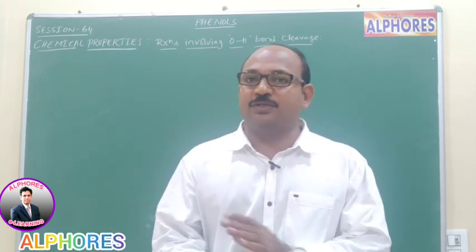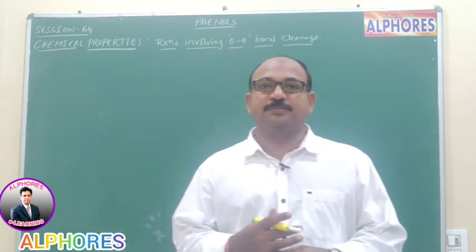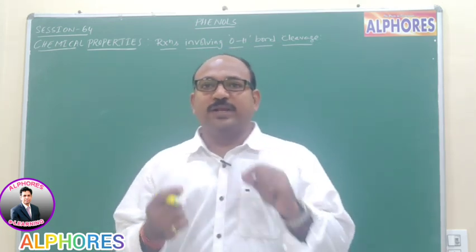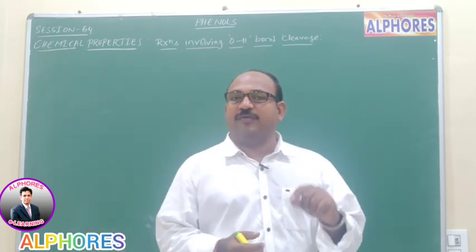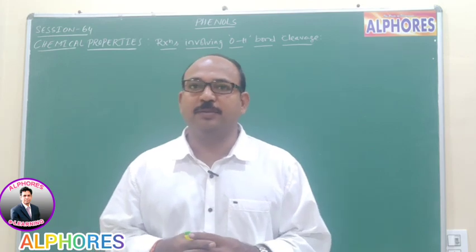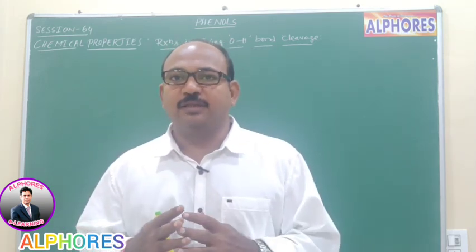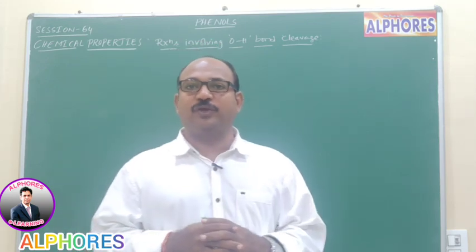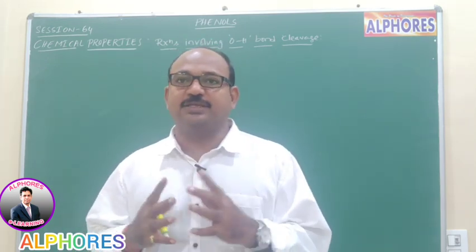In the previous session we learned the preparation and physical properties of phenols, and we discussed the acidic nature of phenols. Phenols have acidic nature. There is a lot of difference between behaving as an acid and showing acidic nature. Phenols are not acids; phenols show acidic nature.